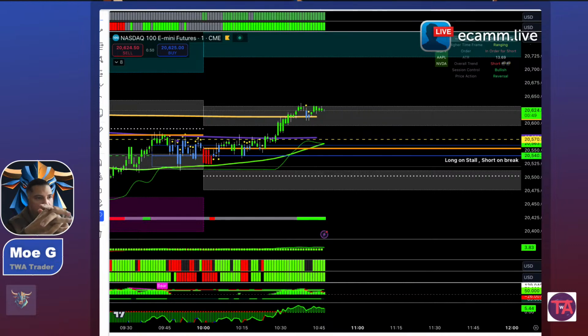Okay, so now that we broke out of that little consolidation area, now it's about waiting for the setup to appear again. So what does that mean?